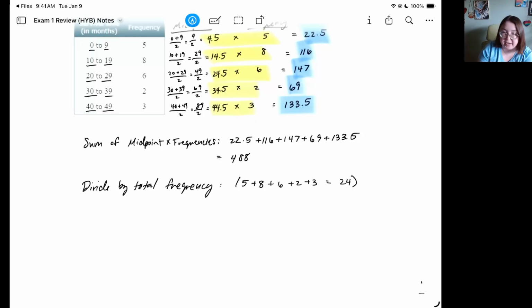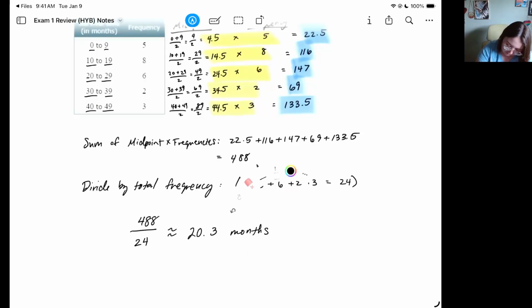So we're going to divide the sum of our midpoint times frequencies, which was 488, by the total frequency, which was 24. We're going to round this to one decimal place like it said in our problem. And we should get 20.3 months. And that would be our answer.